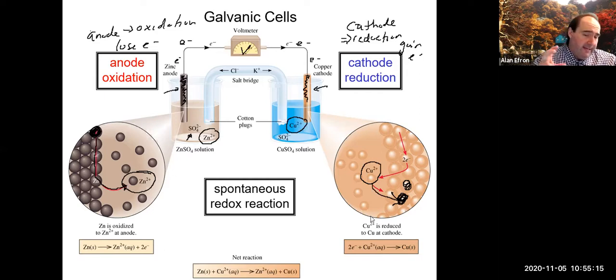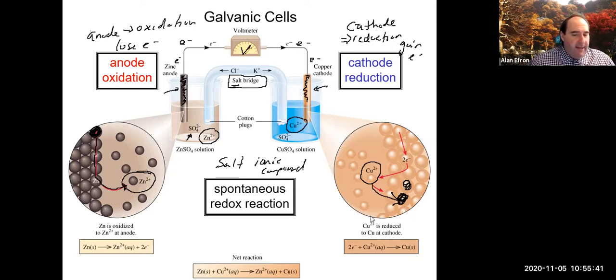What connects both of these sides of the cell is what is referred to as the salt bridge. The salt bridge usually will contain some type of salt, obviously, right? And a salt is an ionic compound. So in this particular example, we have potassium chloride.